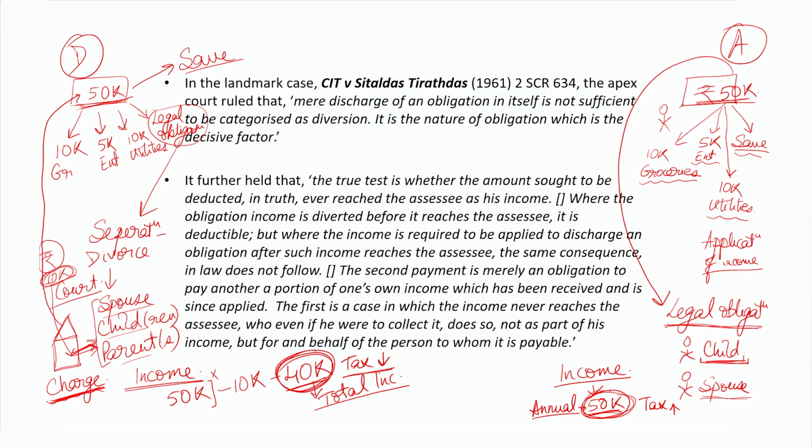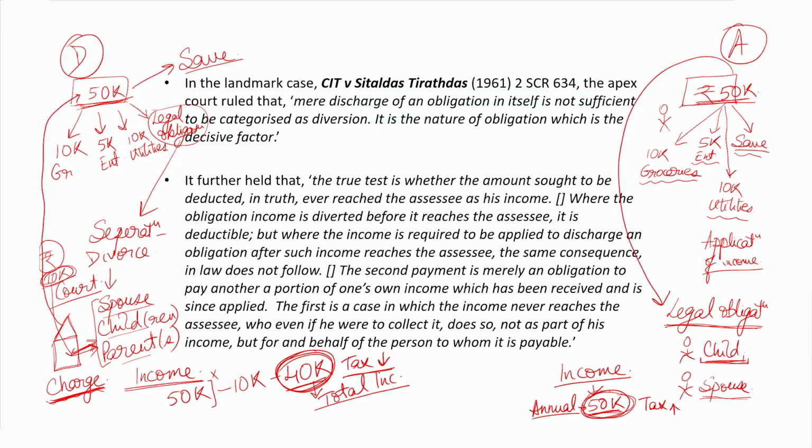So now let's look at this case of CIT versus Seetal Das Tirath Das against this entire backdrop that we have discussed, wherein the apex court, which is the Supreme Court, ruled that mere discharge of an obligation in itself is not sufficient to be categorized as diversion. It is the nature of obligation which is the decisive factor.